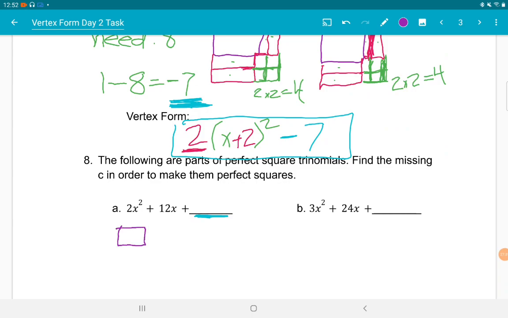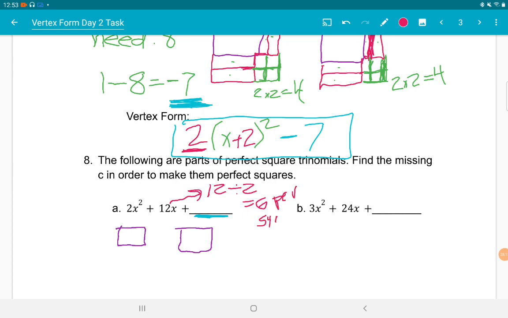I have a 2x squared, so that's going to give me 2 x squared tiles, okay? And 12 x's, so I'm going to take my 12 and divide it by 2. That's how many x's per square.